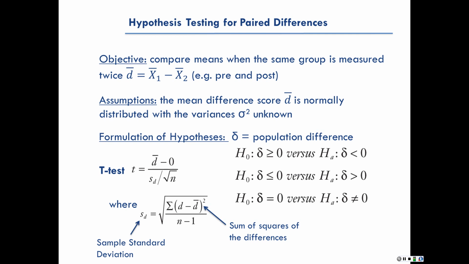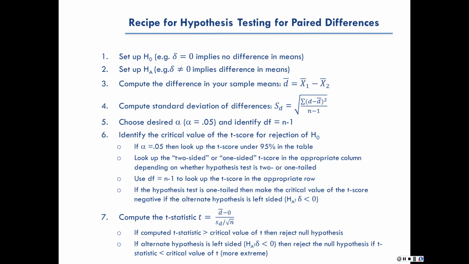If you had a bunch of observations listed, difference 1 minus the mean, difference 2 minus the mean, and so on, that's squared and summed, just like you did with the sum of squares for x, except now we're looking at the differences. Then that's divided by n minus 1, and we take the square root of that and plug that into the t-test.